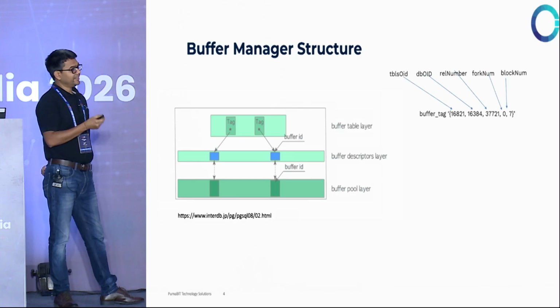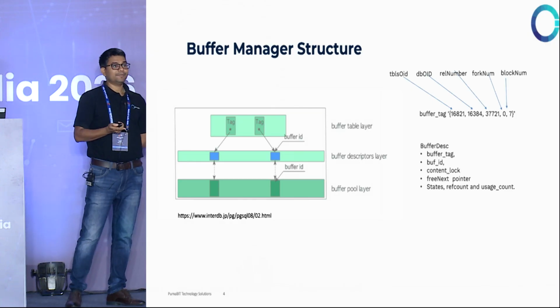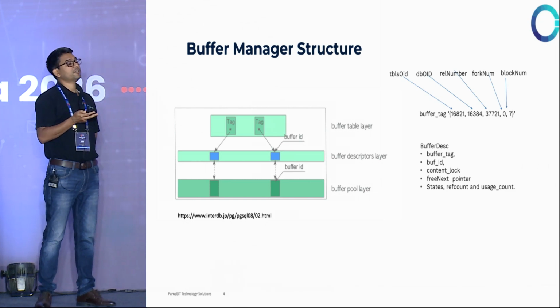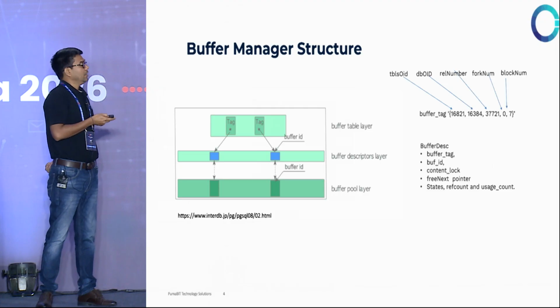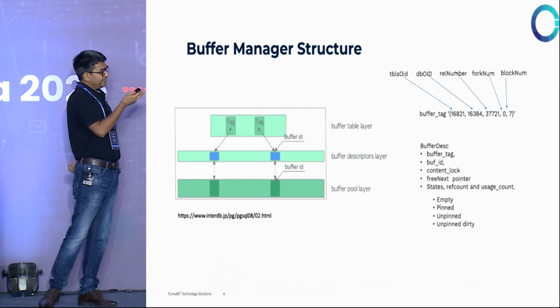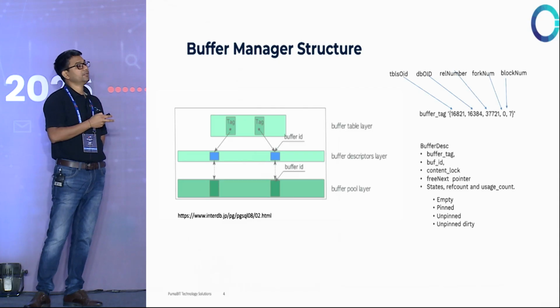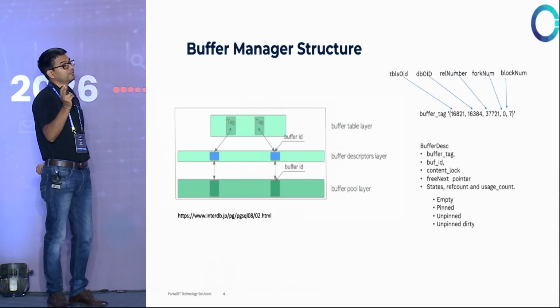In the second layer, we have the buffer descriptor, which keeps the metadata about a particular page slot: whether it's dirty or not, whether it is in use, which will be the next page to load into memory, and which will be the next page to evict from memory.